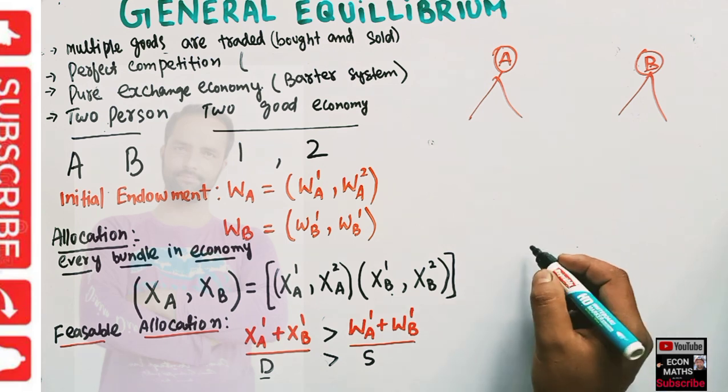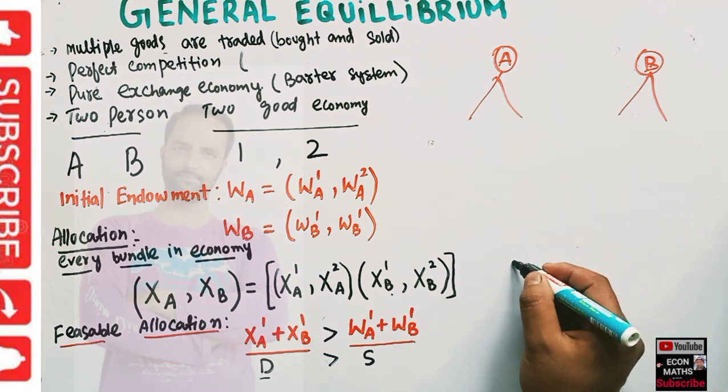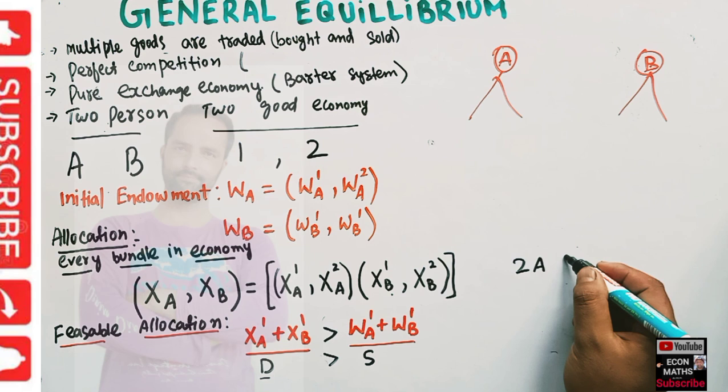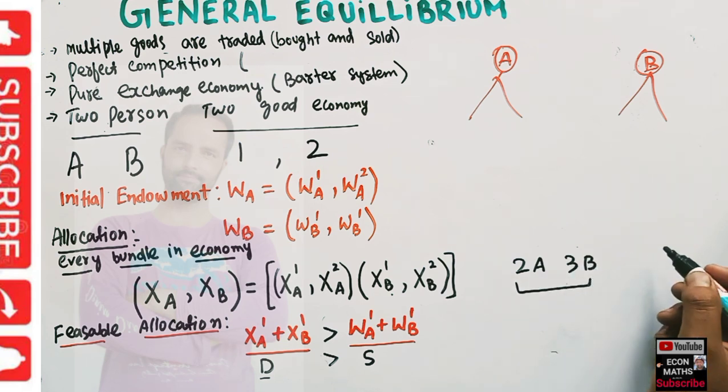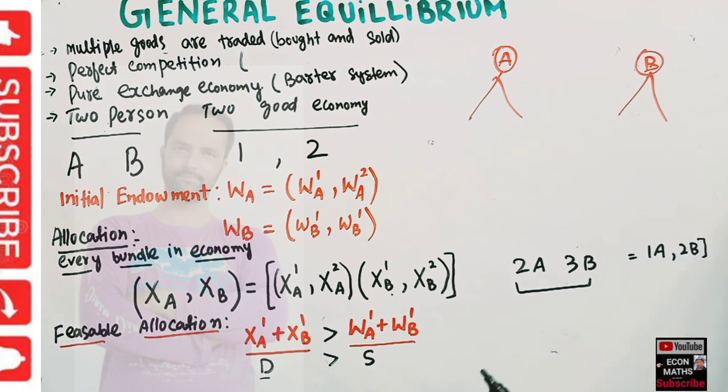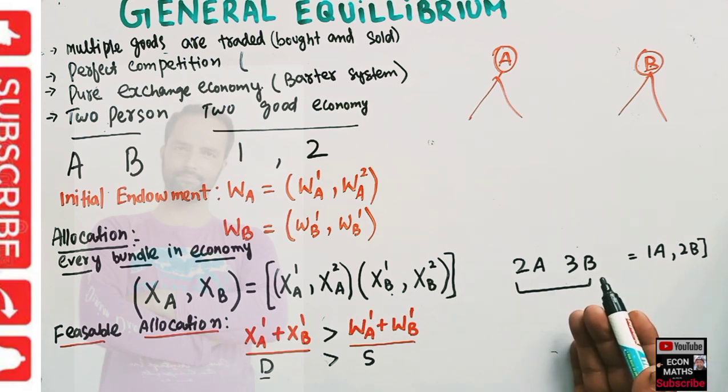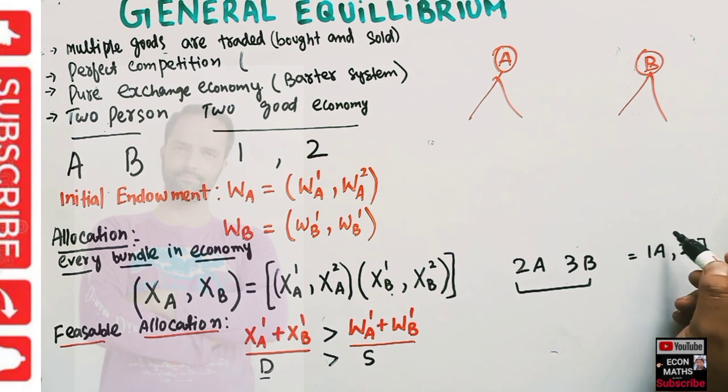Let us say we have 2 units of apples and 3 units of bananas as the demand. If we have supply of only 1 unit of apple and 2 units of bananas, you can see the demand is greater than supply, but this is not possible because the consumer initially has only 1 unit of apple and 2 units of bananas.